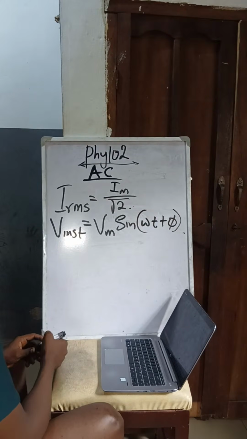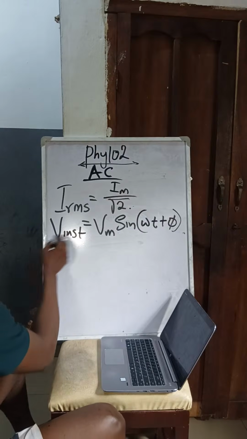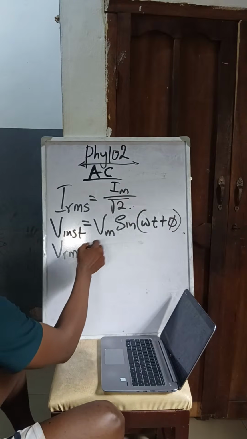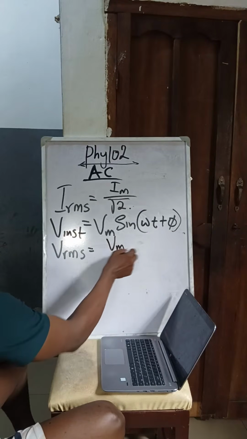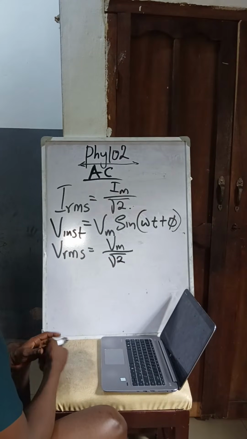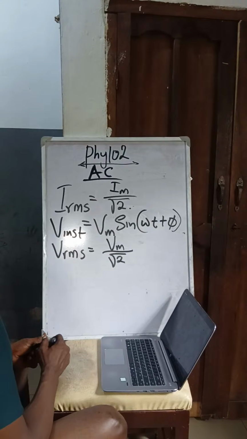The root mean square value of AC voltage, V RMS, is equal to V peak over root 2.